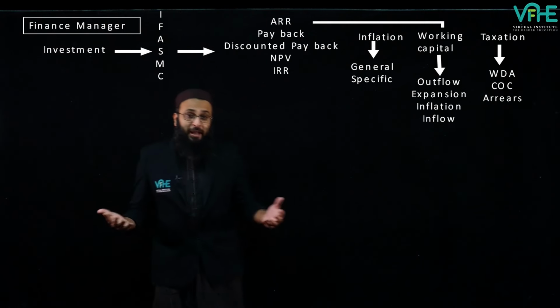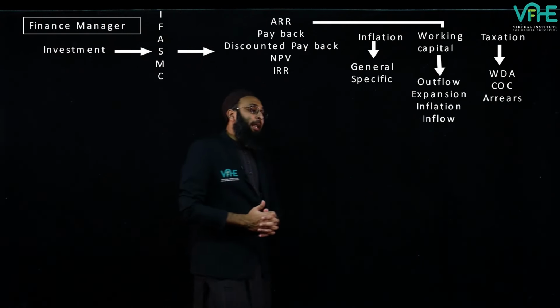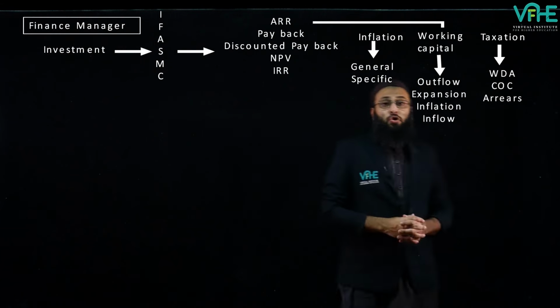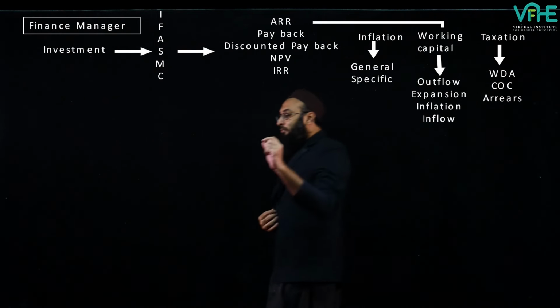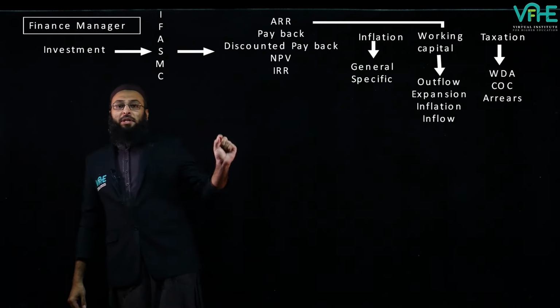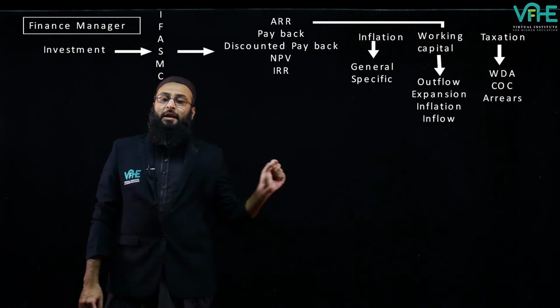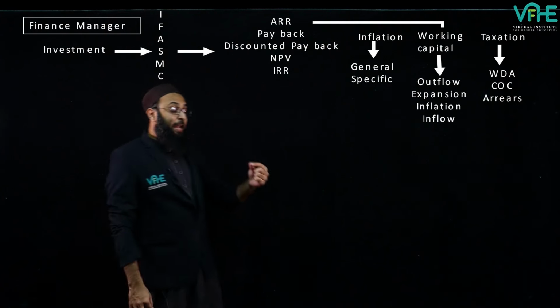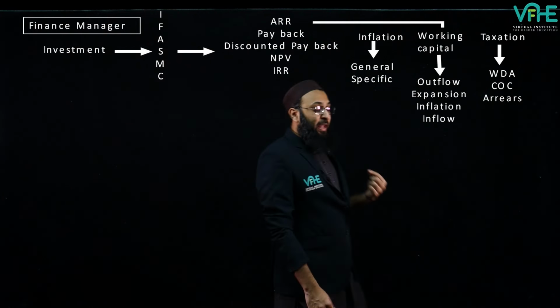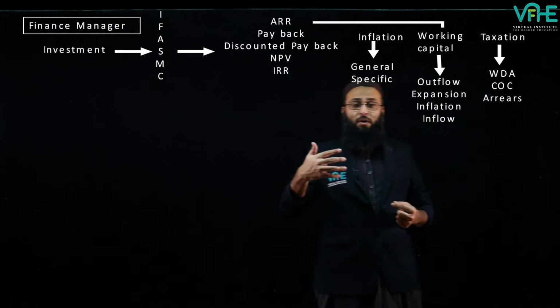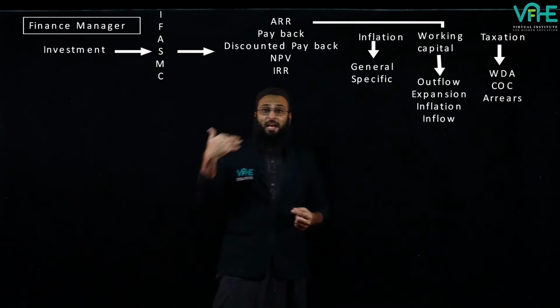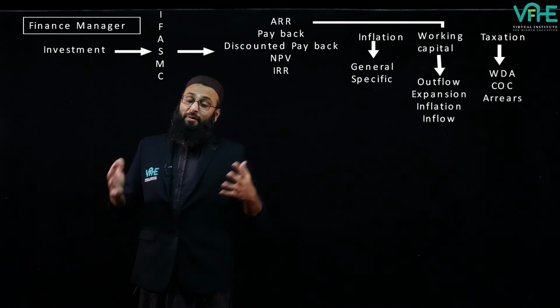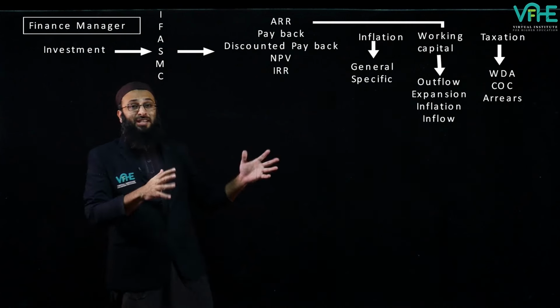If I start with operating lease, from a theory perspective, you need to remember that the lessor is the person who is the owner of the asset. So the asset will be shown in the balance sheet of the lessor, and the lessor will get the benefits of the asset, as well as face the risk of the asset.